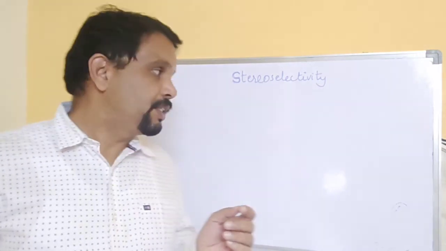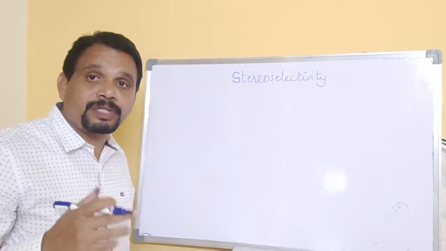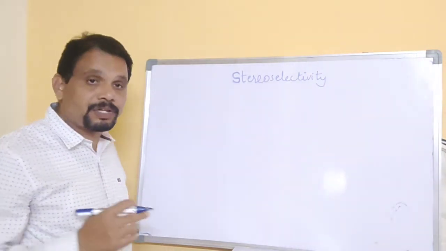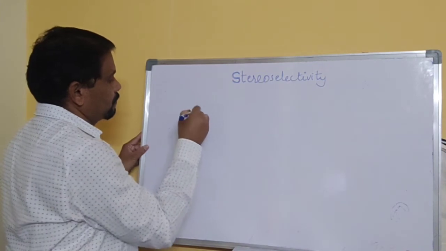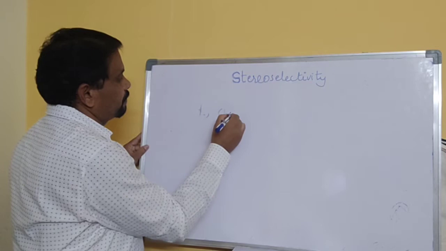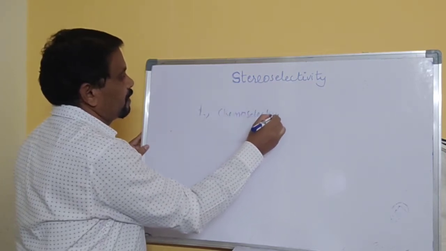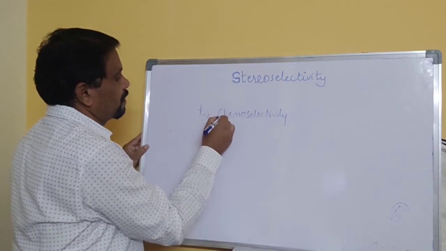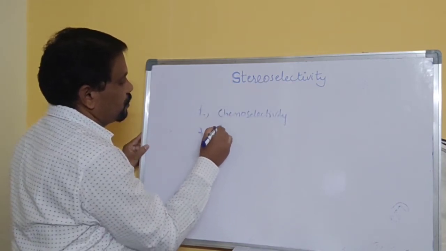So selectivity can be classified into three types in chemical reactions. One is chemoselectivity. The other one is regioselectivity.